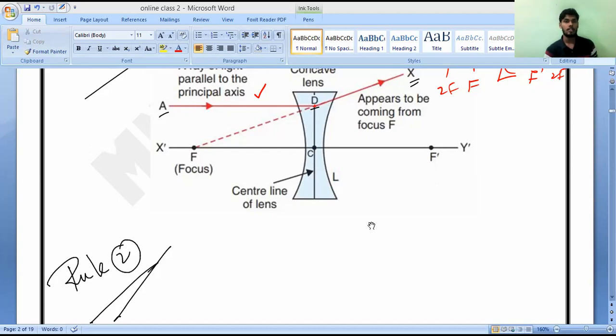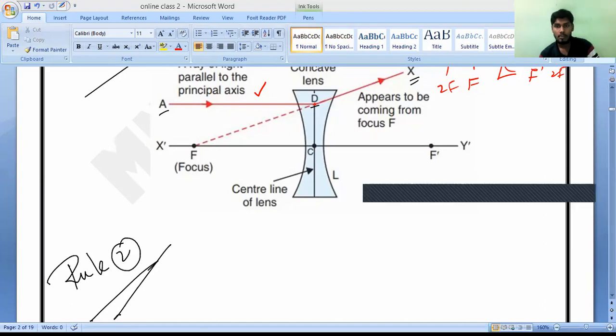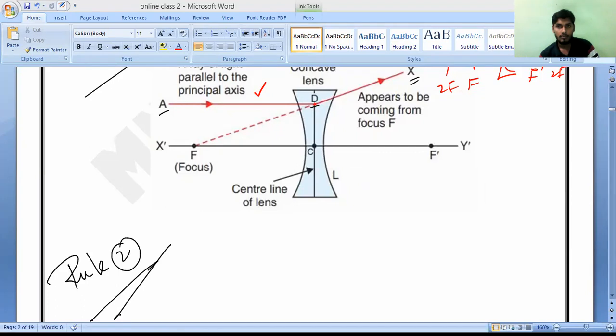A ray of light passing through the optical center of a concave lens will go straight after passing through the lens. Do you understand?